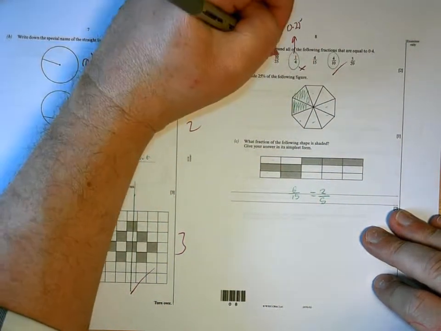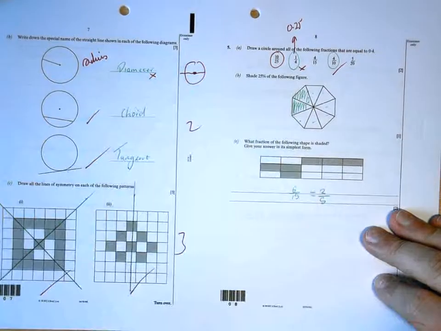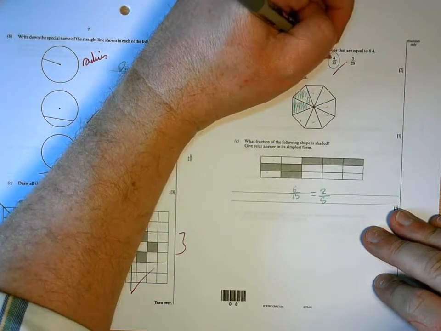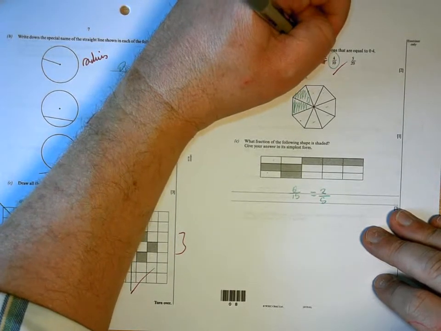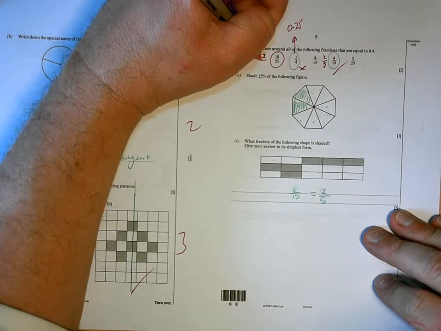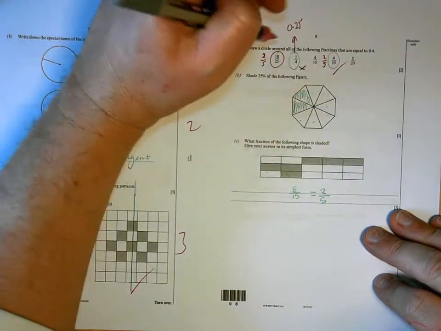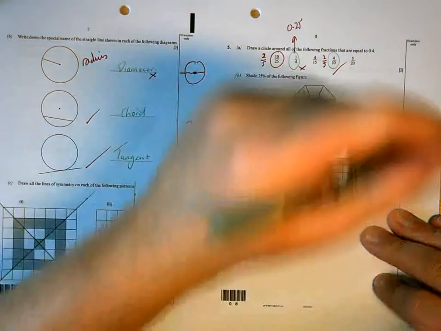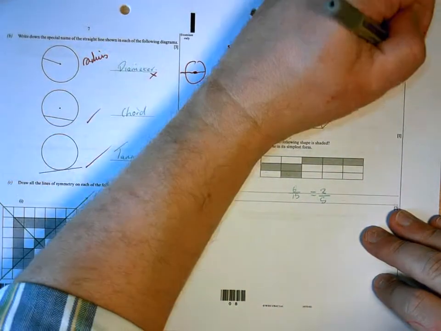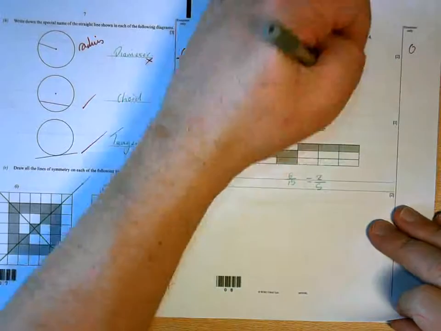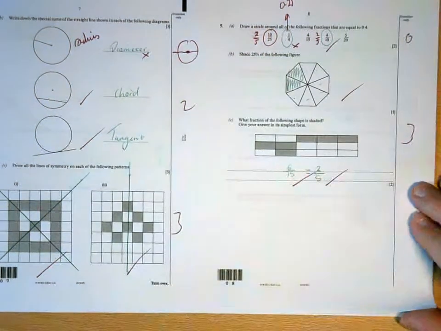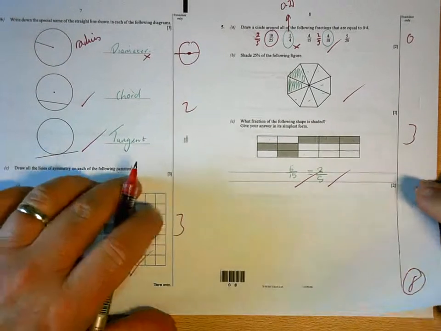The other one is that one, because that you can divide. 4 out of 10 is correct, but you can divide by 2 to get 2/5, and that one you can divide by 5 to get 2/5. So those are the 2 ones that are correct. You've got one right, one wrong, and not both of them. Too many errors there. That's correct, and that is correct. So 3 there. 8 for the page.